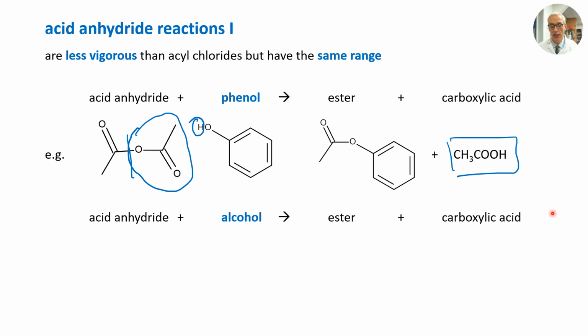Similarly, acid anhydrides react with alcohols to form an ester and carboxylic acid. So if this time I give you some structural formulae, so here's propanoic anhydride and here is methanol, can you suggest the structure of the ester formed and of the carboxylic acid? Pause, complete the task, come back to check when you are ready.